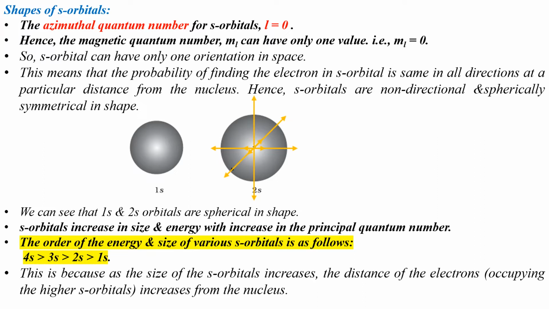This is because as the size of the s orbital increases, the distance of the electrons occupying the higher s orbitals from the nucleus increases. As a result, their energy increases. Hence s orbitals increase in energy with increase in the value of the principal quantum number n.